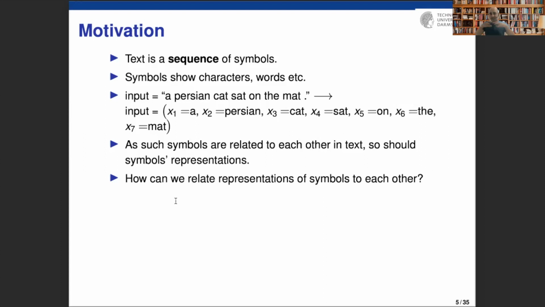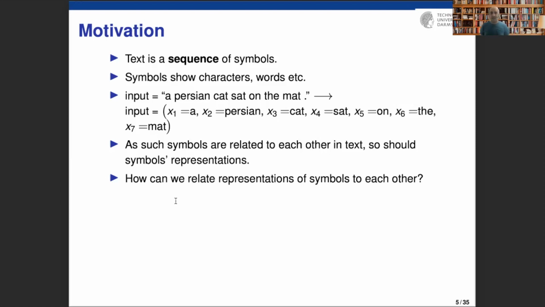We do not have one independent input like X. The input is a sequence of items or symbols, and each of these symbols can be represented by a vector. So the input is a sequence of vectors, and it's not only one vector.